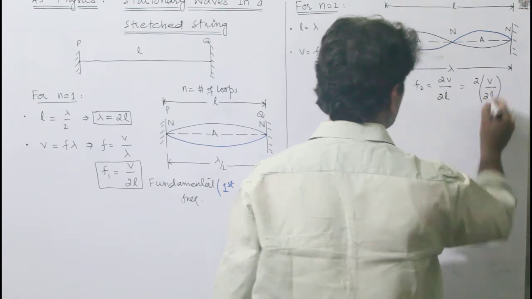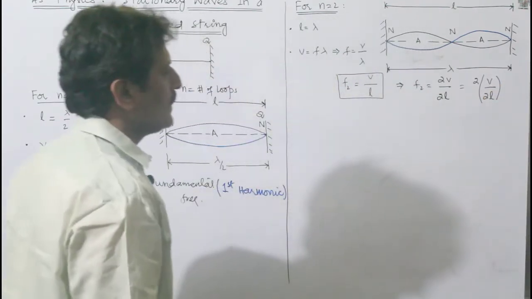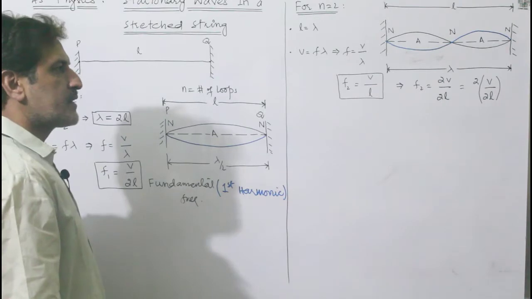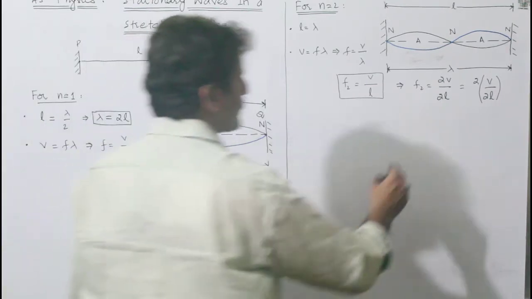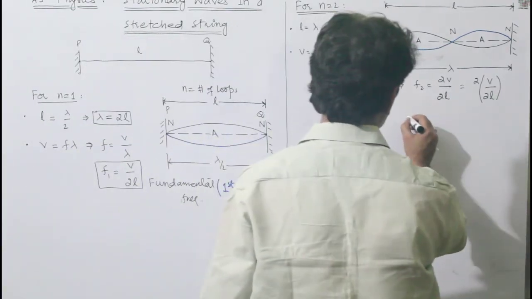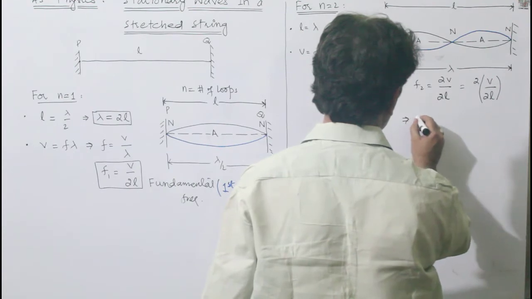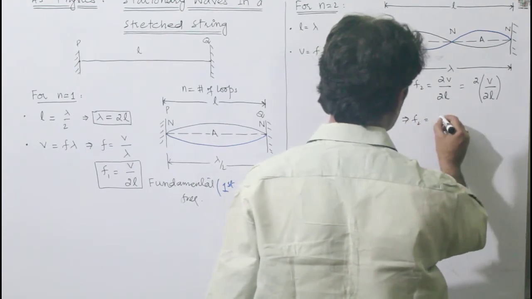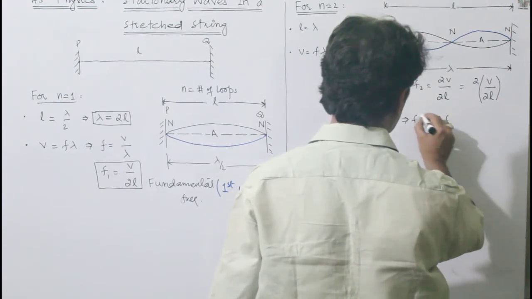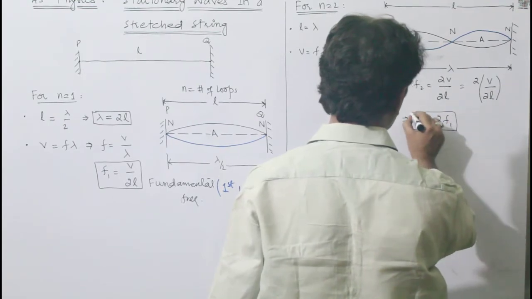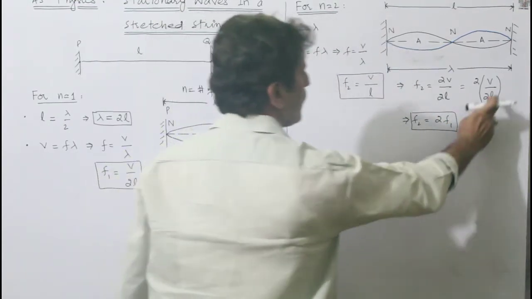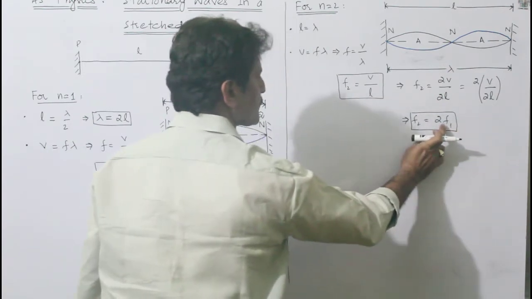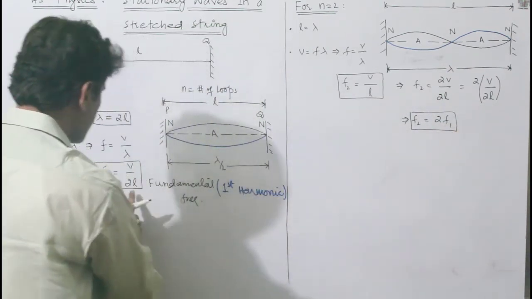Now we can show the frequency of the waves generated for n is equal to 2 in terms of the fundamental frequency, like f2 is equal to 2 times the fundamental frequency, because v over 2L must be equal to f1 from the n is equal to 1 equation.